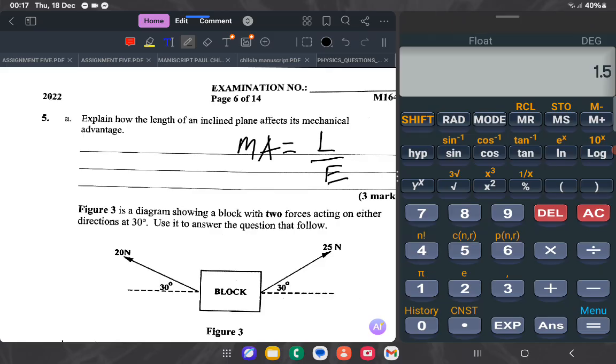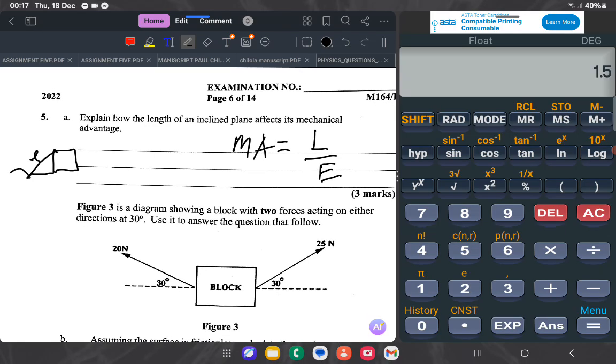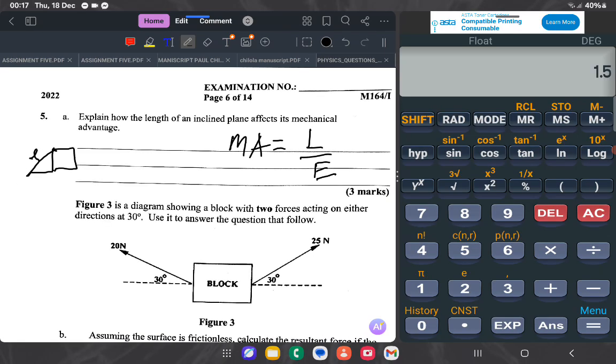So let's suppose in one case the length is this one here, and let's suppose we have a body over there. This is our load, and then we have another setup where the length is a bit longer.